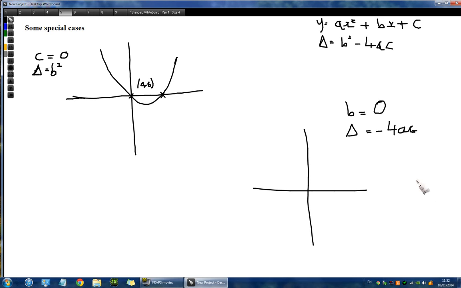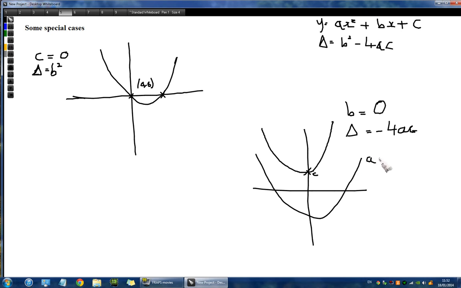If a is positive and c is positive, then our discriminant is negative. So when b is 0 and c is positive, we get a graph that looks like this, don't we? If a is positive and c is negative, we get a graph that looks like this.